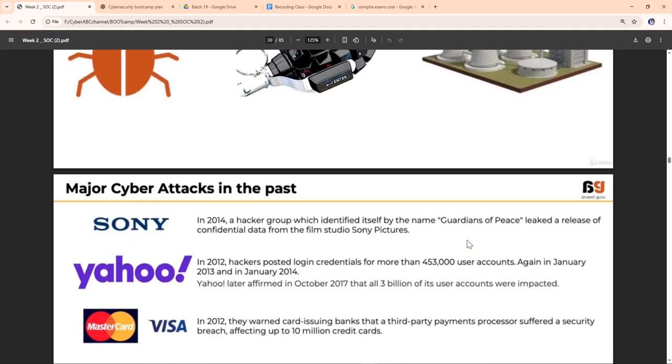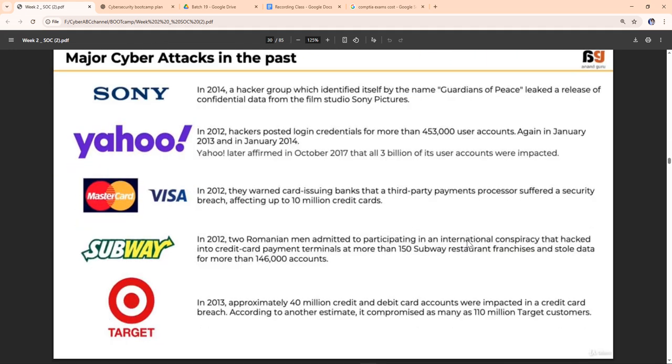Major cyber attacks have happened in the past to major companies like Sony, Yahoo, MasterCard, Visa, Subway, Target. In fact, I think Yahoo has one of the highest. Yes, they said in 2012, hackers posted login credentials for more than 453,000 user accounts.